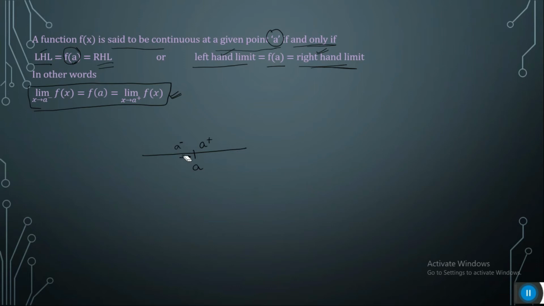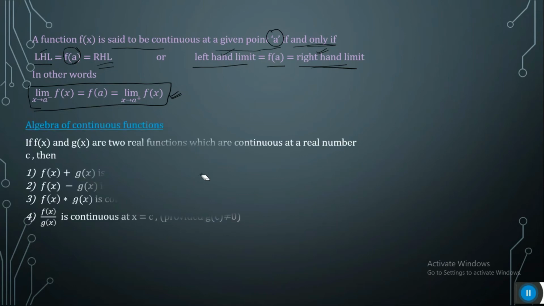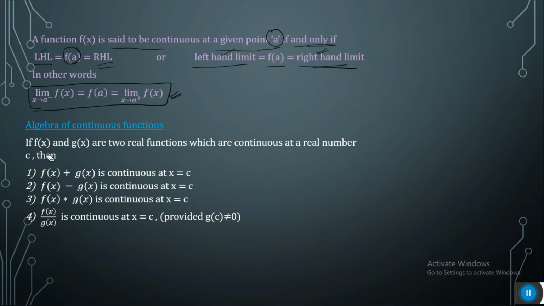So this continuity topic has only this much. Okay, just few rules are there on that continuity, just like limits. So if f(x) and g(x) are two real functions which are continuous at a real number c, okay, at c these functions are continuous.